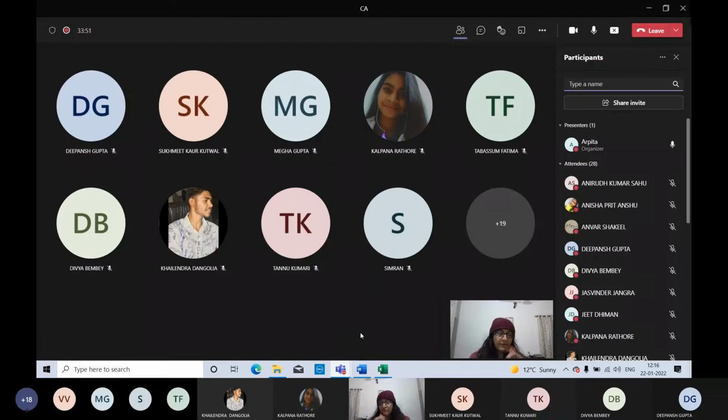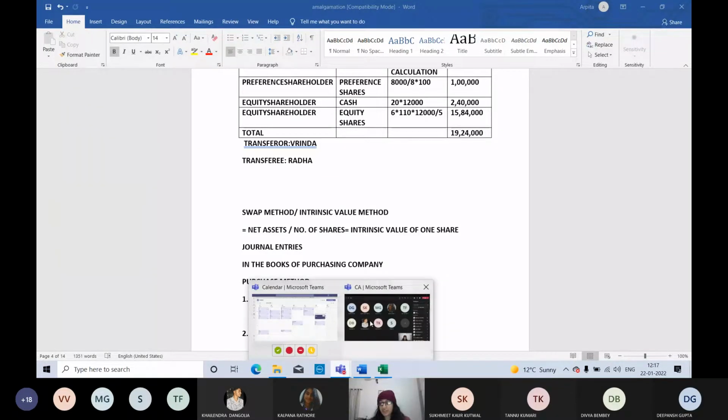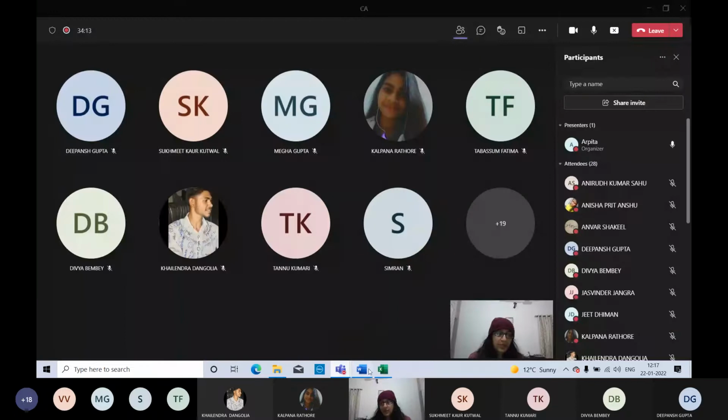Now, one of the mistakes that most of you make is that when you answer the question, you write it as it is: business purchase to the liquidator of vendor company. But the vendor company's name will come in the question. Is this clear? You have to be very careful. That is why the first step is to identify who is the vendor and who is the purchasing company. Whoever it is, you will write their name.